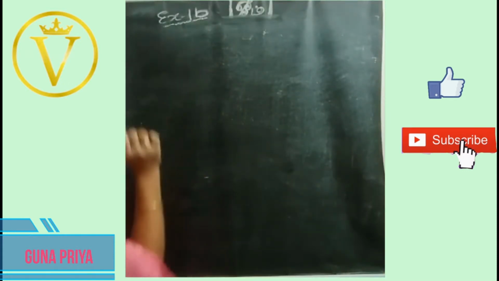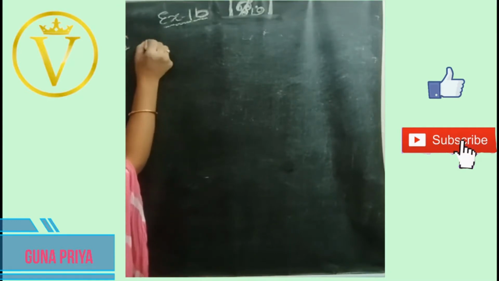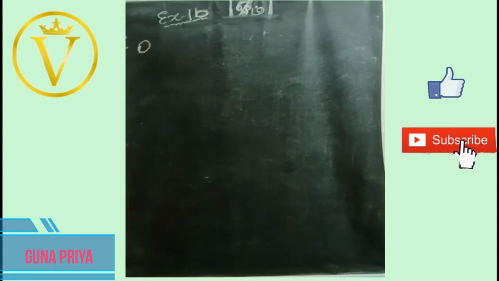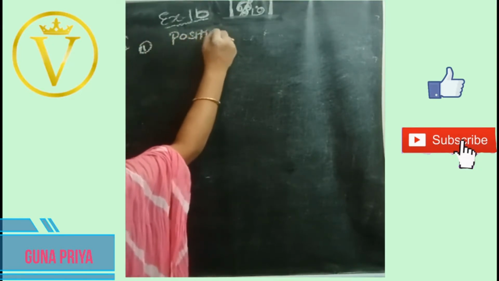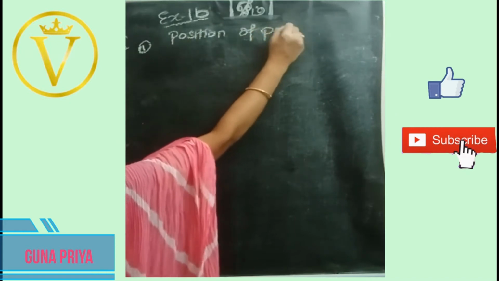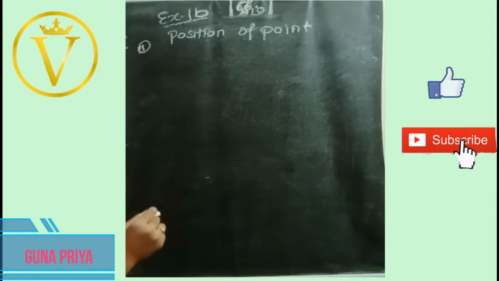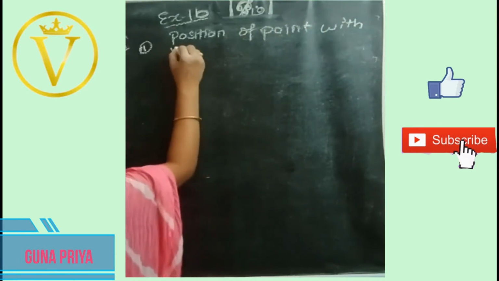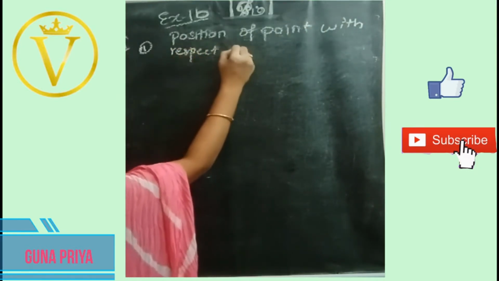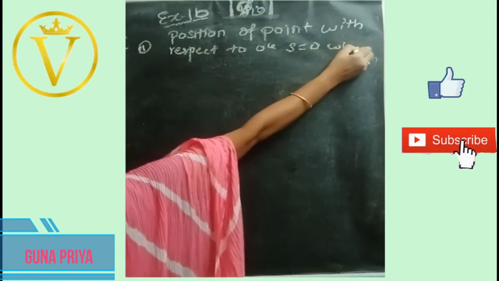This is exercise 1B. First Roman, first: locate the position of the point with respect to the circle S equals 0.